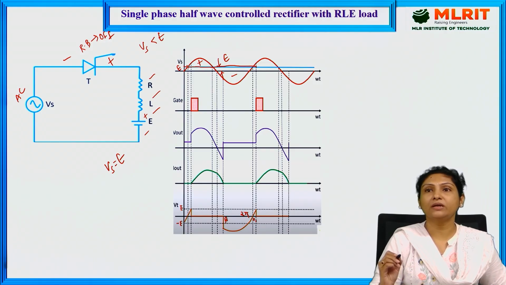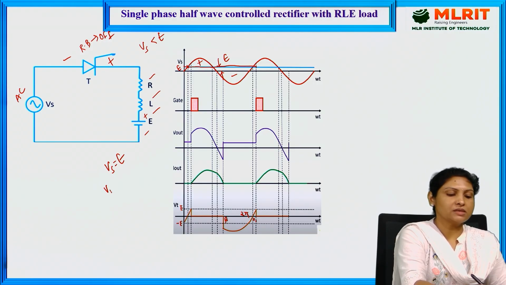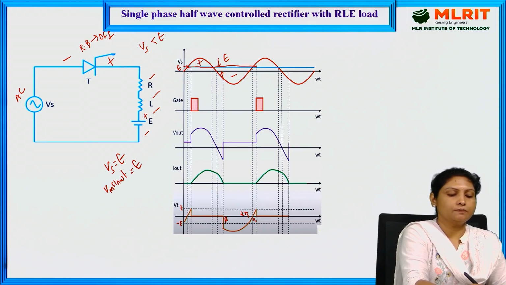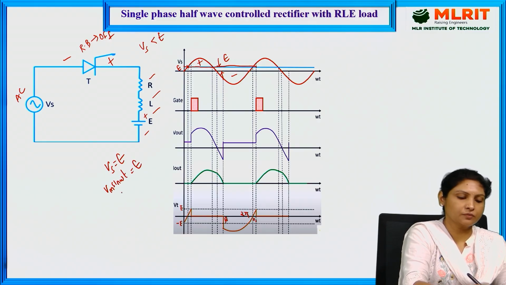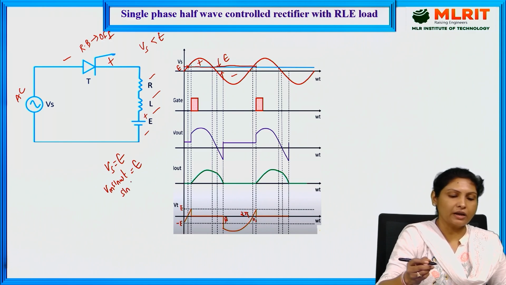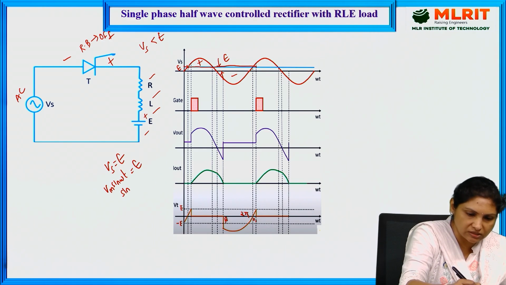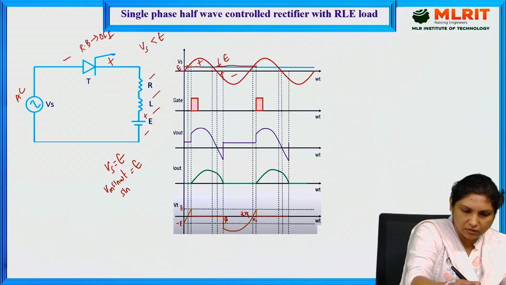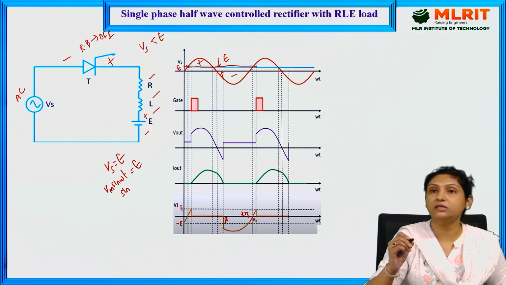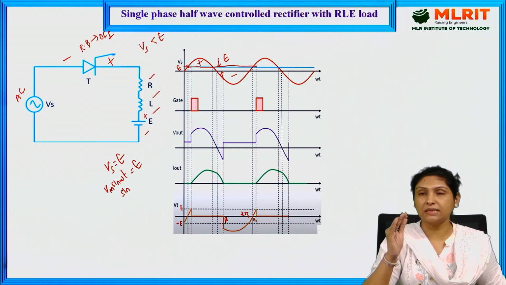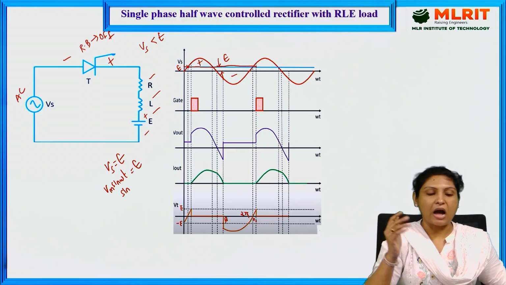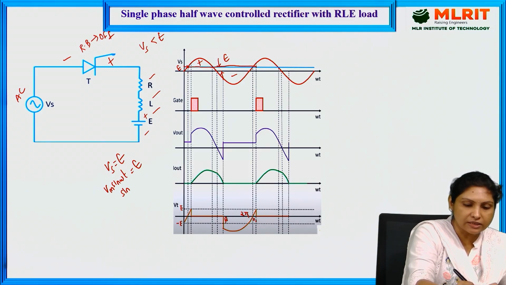Vs, we can write it as Vm sine omega t is equal to E. Let us assume this particular instant where Vs is becoming equal to E, I am naming as theta 1.